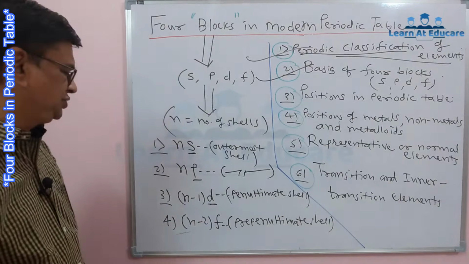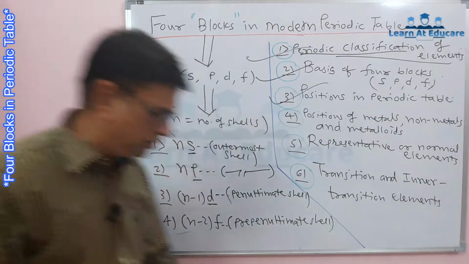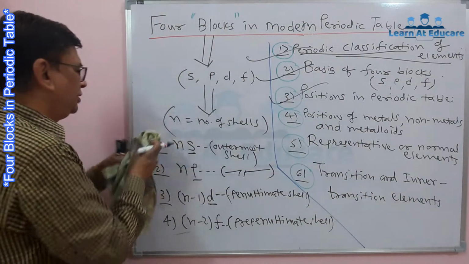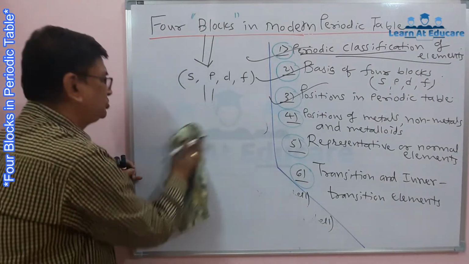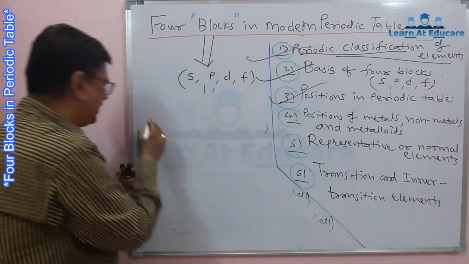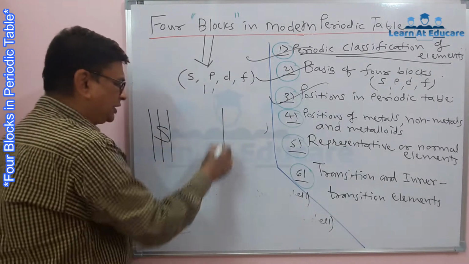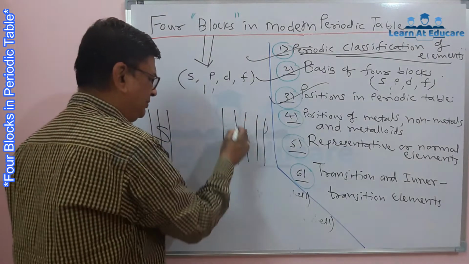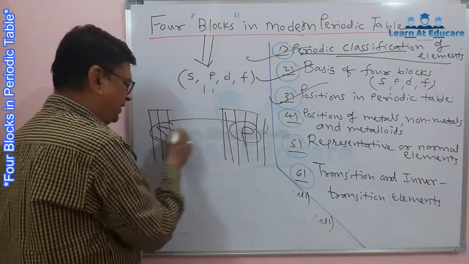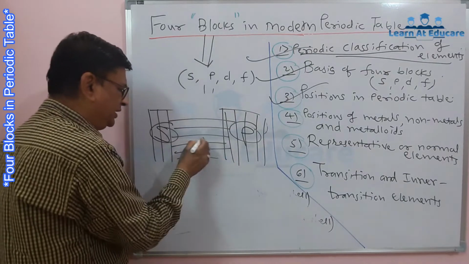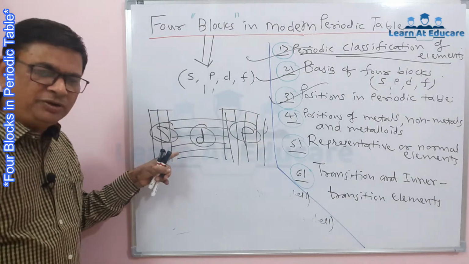Now the position of these S block, P block, D block and F block elements in the modern periodic table. S block elements contain groups 1 and 2, and they are on the left side of the modern periodic table. P block elements are present at the extreme right side. Then the D block elements are present in between S and P block, that is in the middle of the periodic table.